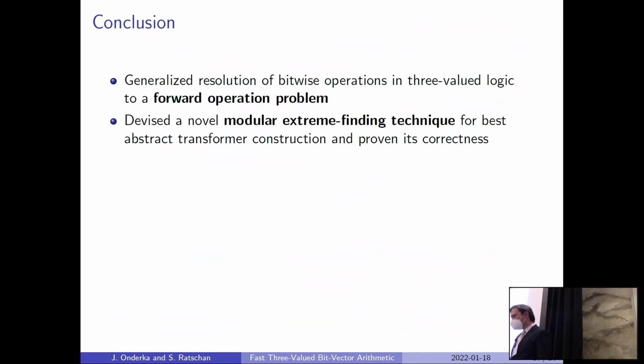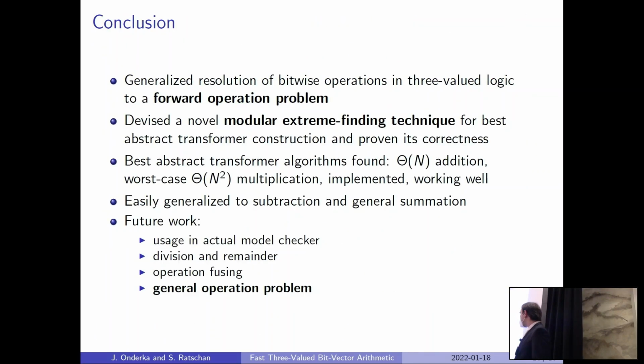With the general operation problem, where we have restricted outputs, it seems that it is easy to do multiplication for the powers of 2, but not for multiplications by numbers that are not powers of 2.